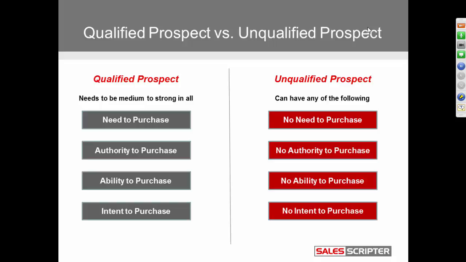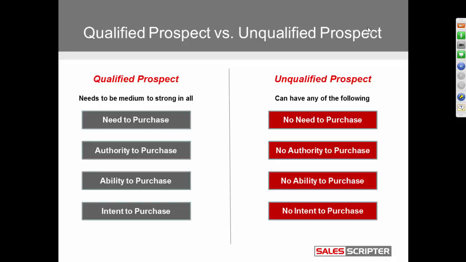And part of that is knowing whether the prospect is truly qualified or unqualified. So on the left side of this screen, you see qualified. They have to have a medium to strong classification in all of these categories. A need to purchase, meaning they need what you have.